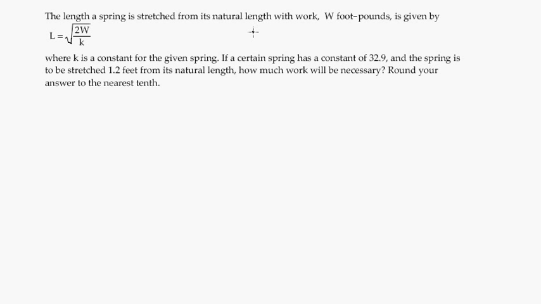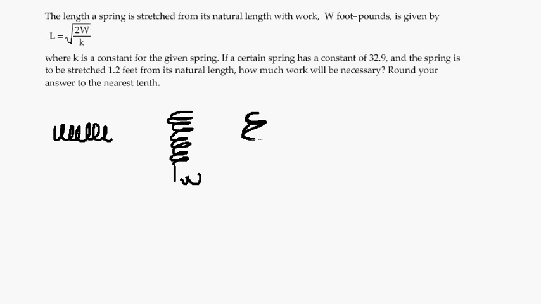So picture you have a spring, and it's just sitting there, nothing's pulling on it or stretching it. And then you get some W foot-pounds pulling down on it. So now the spring is going to get stretched out farther.